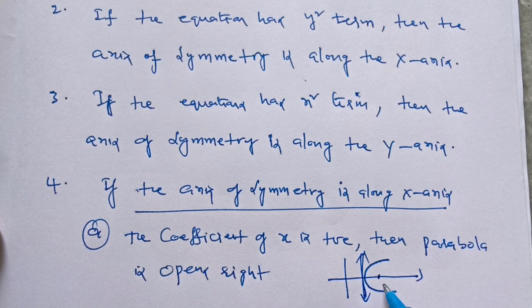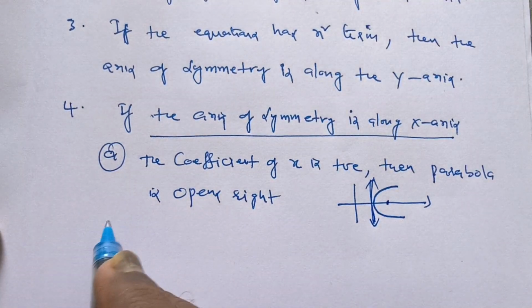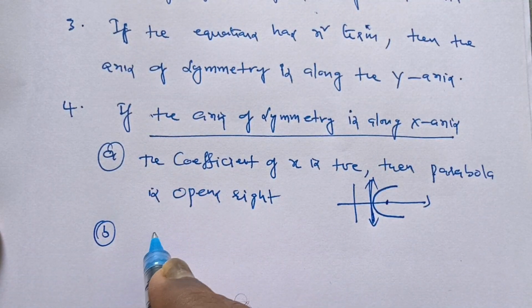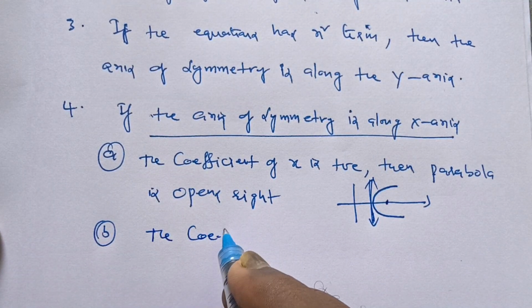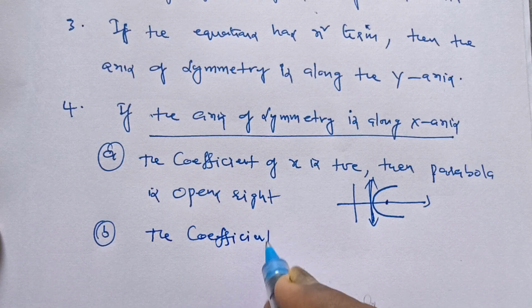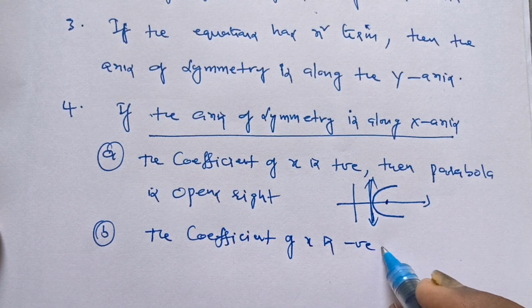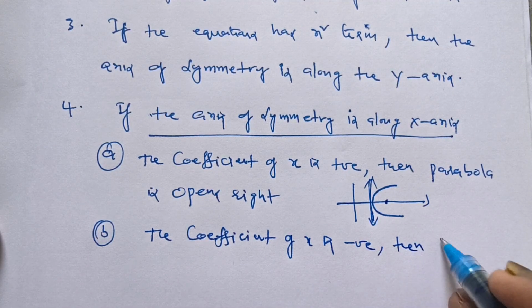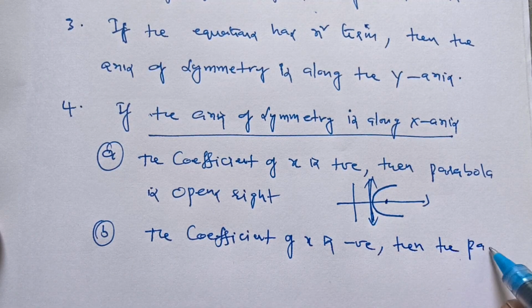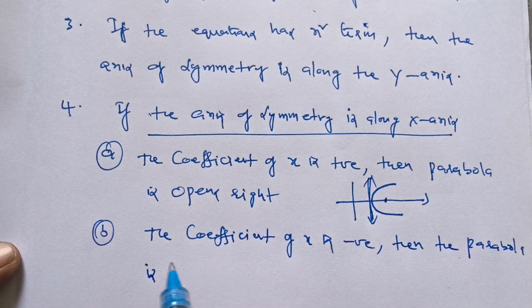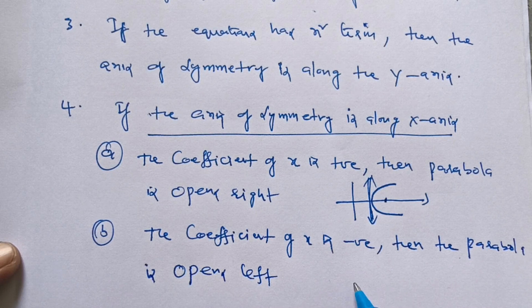B, the coefficient of x is negative, then the parabola opens left, like this.